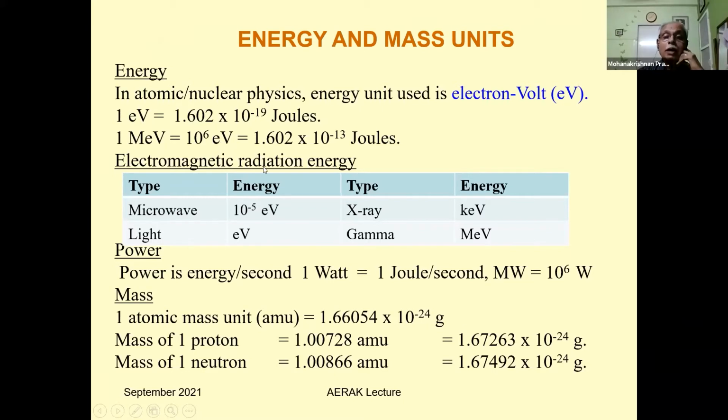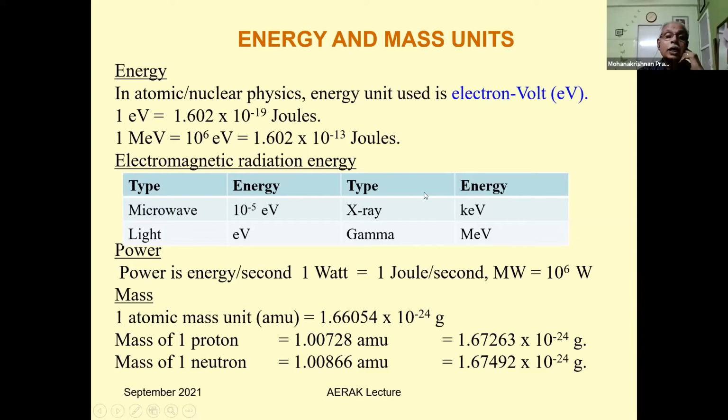To compare with other things, microwave radiation, which we use for TV transmission, mobile, etc., has energy of 10 to the power of minus 5 eV. Light has energies in the range of electron volts. X-rays, which are used for medical purposes, are in the range of kilo electron volts, and gamma has energy of million electron volts.